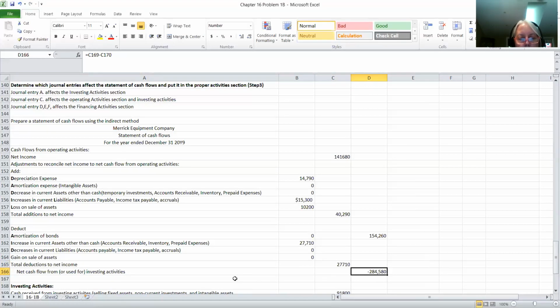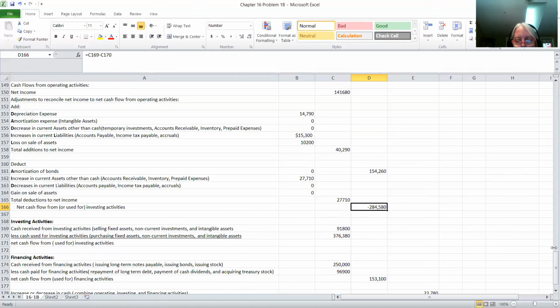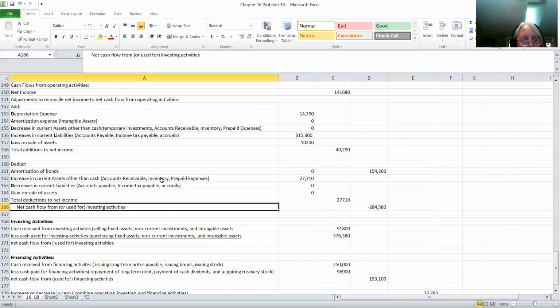And so the investing activities, this should be not investing activities, but operating activities. Got a few things here that I need to correct.